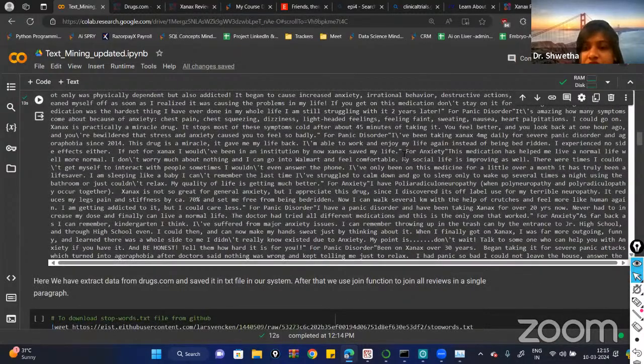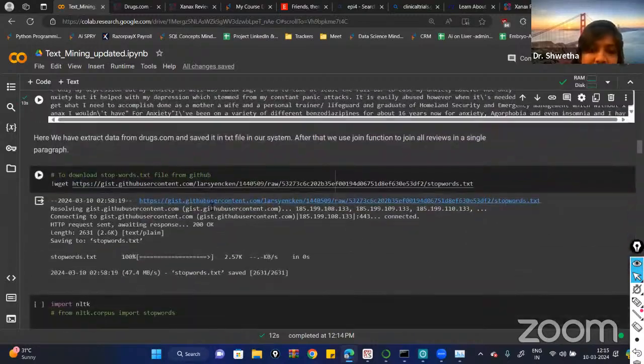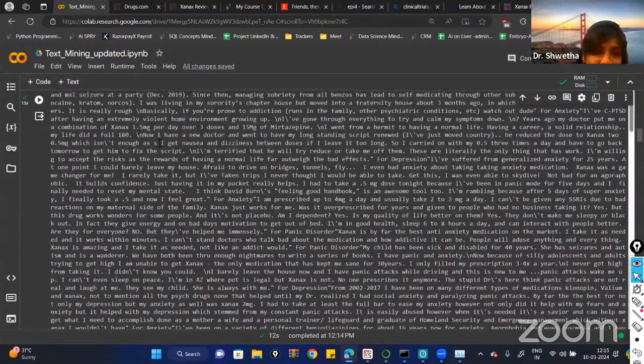You have joined all the reviews wherever there was space. So for that, we will go for applying text mining techniques. For that, first we'll apply all the pre-processing steps. Okay. So we have stored it over here.